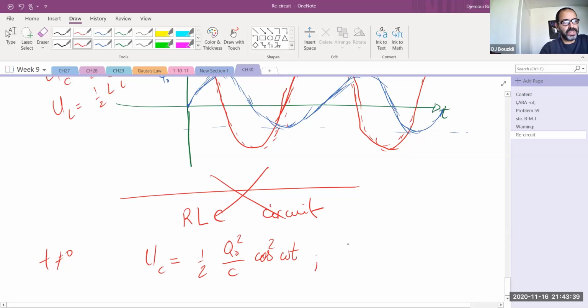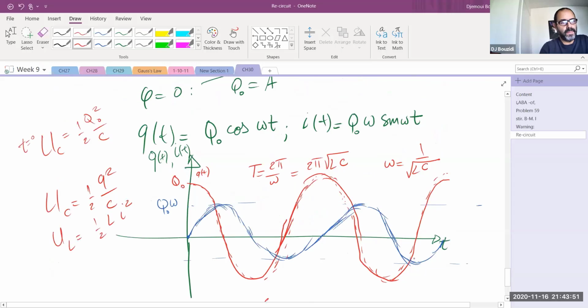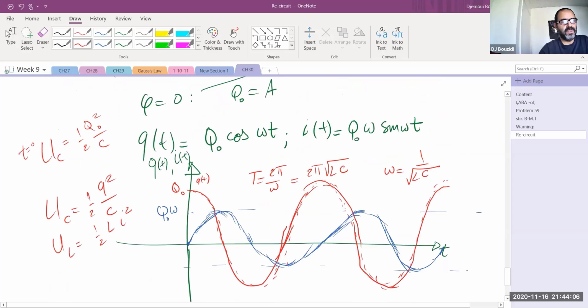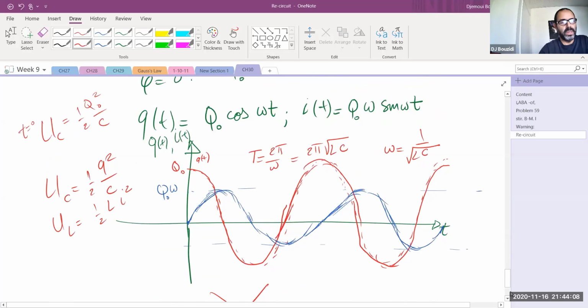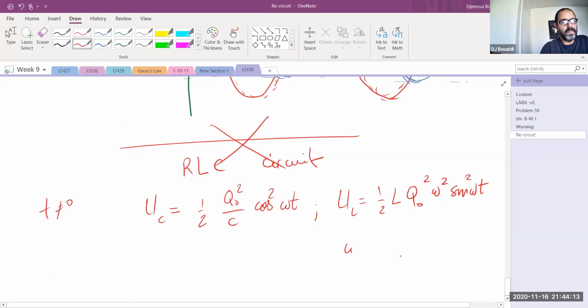The energy in the inductor, U_L, is going to be 1/2 of L times i squared, times this expression squared, which is Q naught squared times omega squared times sine squared of omega t. All I did was square this expression and multiply it by L. And the same thing, I squared this expression and divided by C. And of course, I have the 1/2 before them. Remember, omega squared is just 1 over LC.